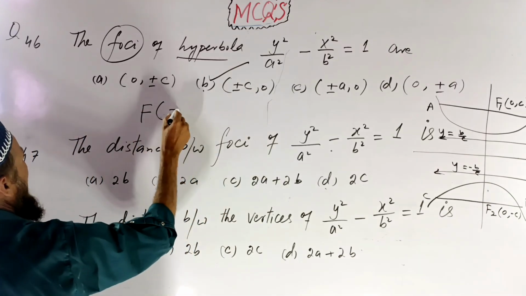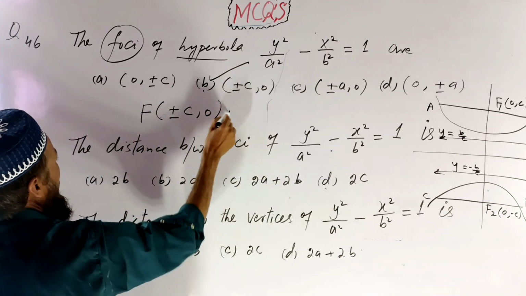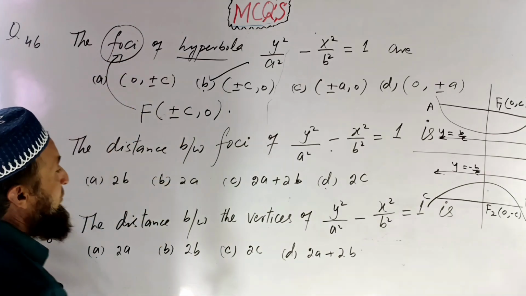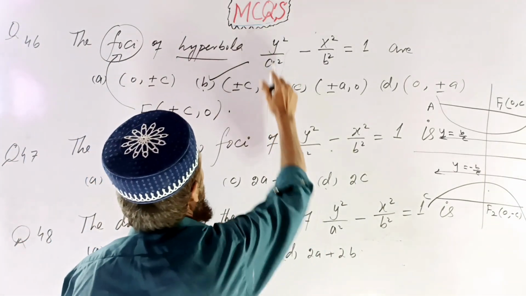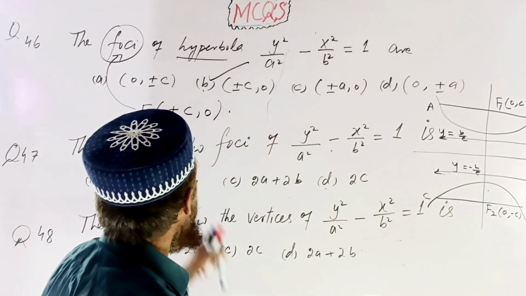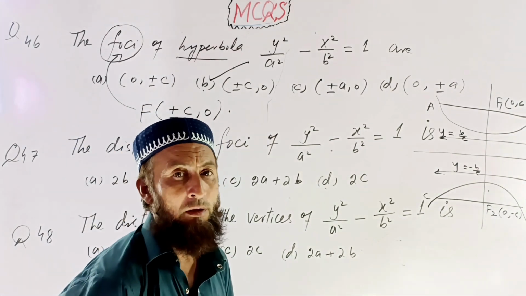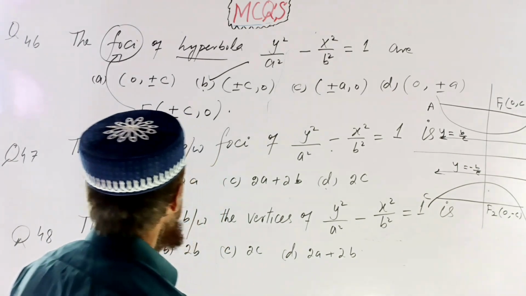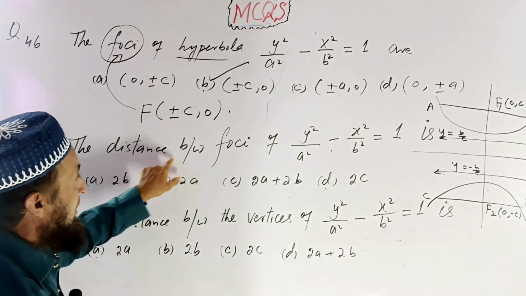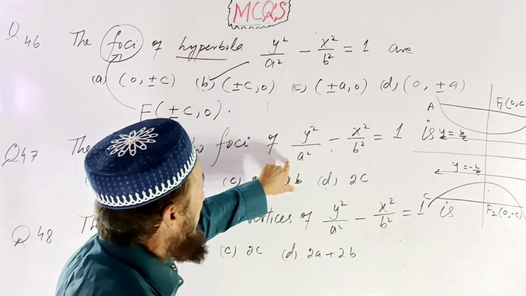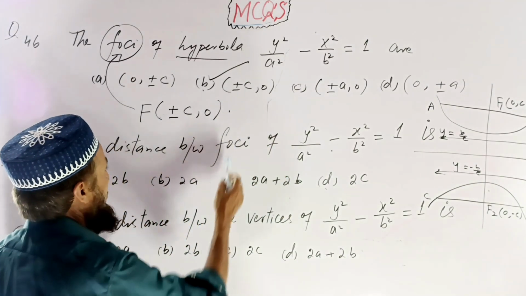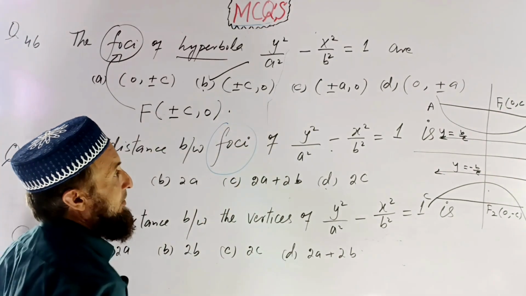The foci we can write as plus minus C, 0. That is the result. Here y squared by a square, so we get the foci as plus minus c comma 0. Now the distance between the foci is asked.